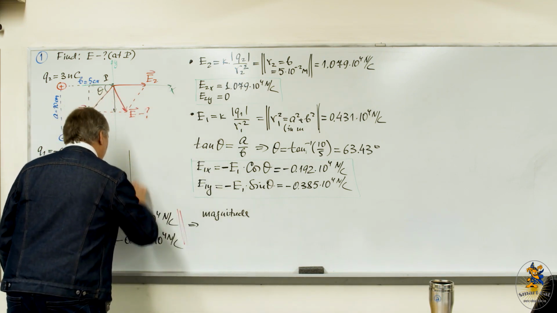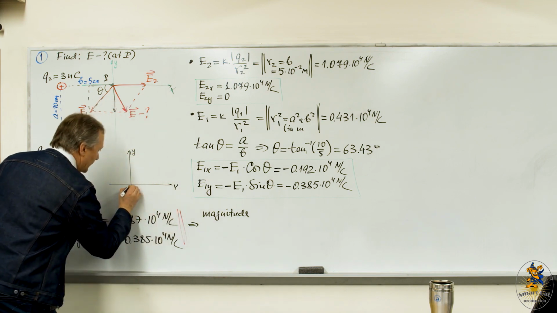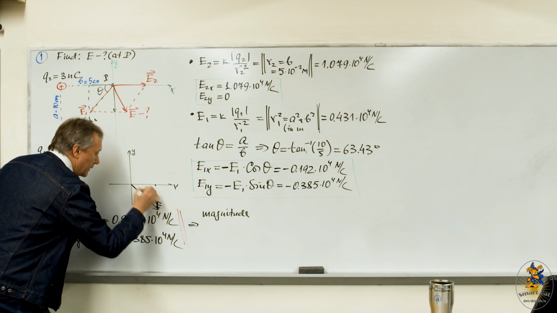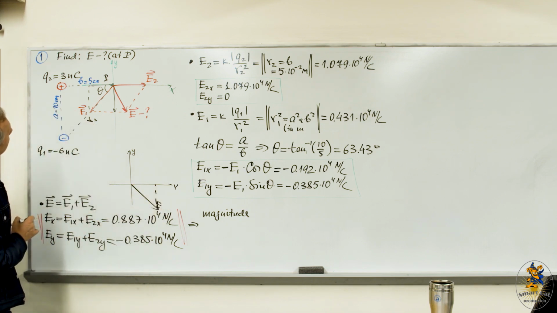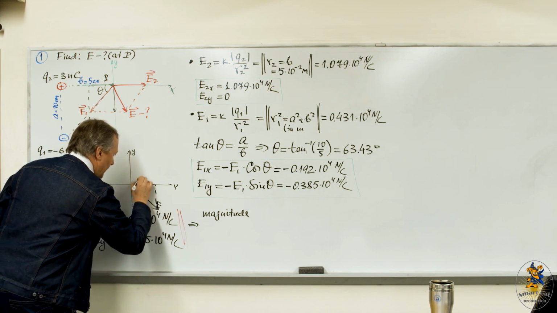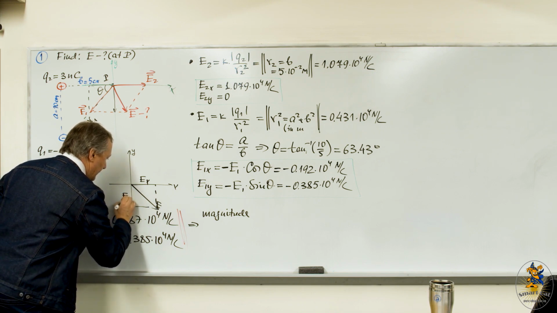Because essentially what we found, this is y, this is x, this is our vector E. Positive and negative, yeah. So this is our E x, this is E y.